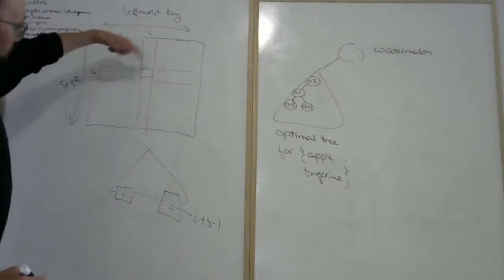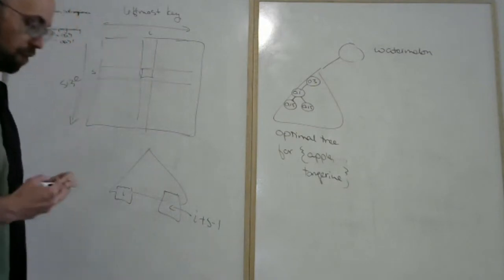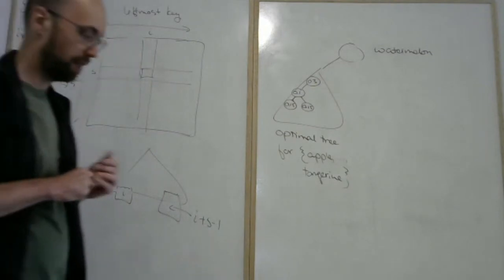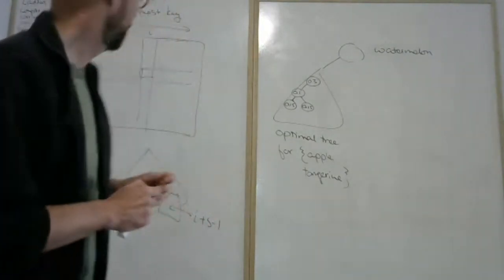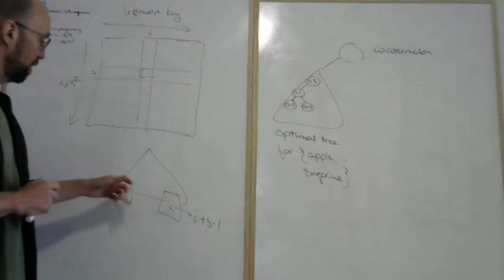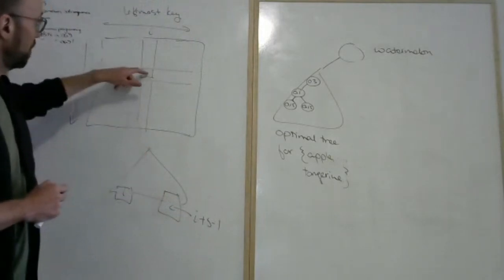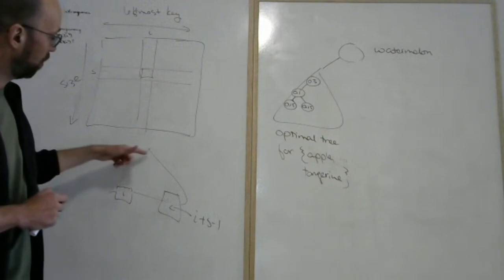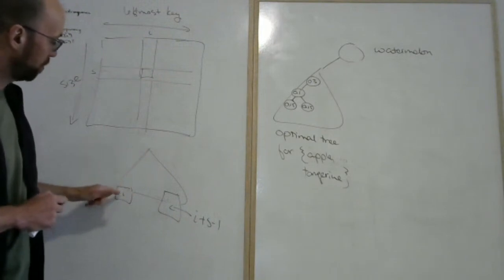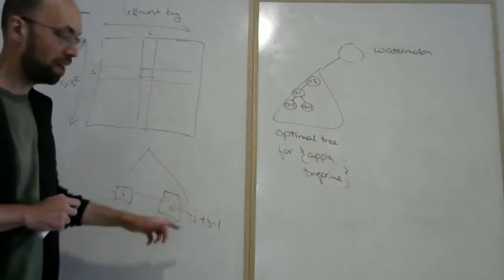So in general, what you're going to do is look at all the choices of root from i to i plus s minus 1.